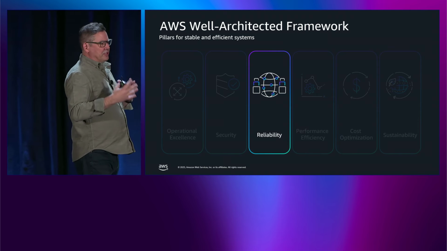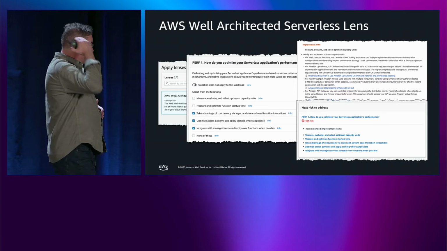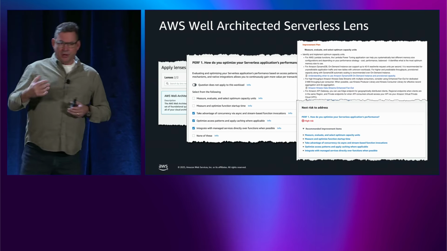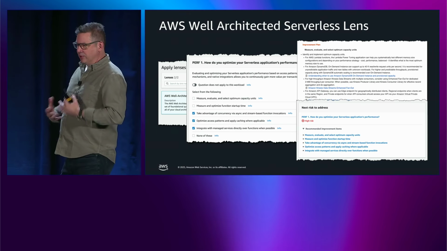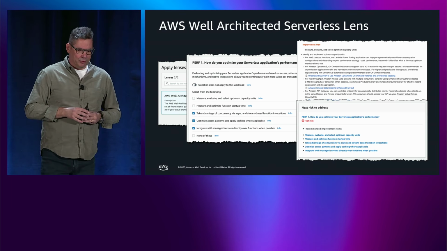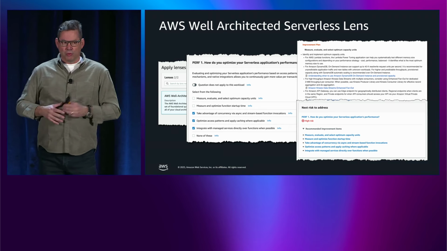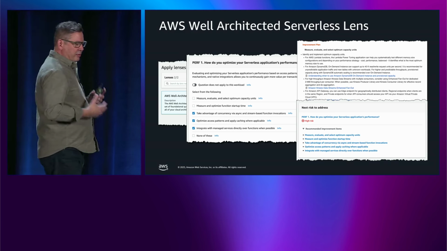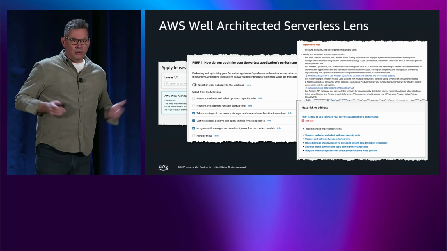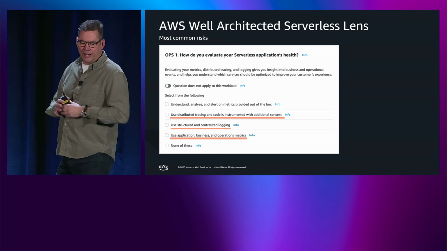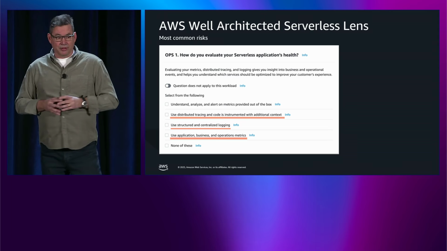But sometimes we don't go deep enough, right? And this was the case for serverless a few years ago when we introduced the Serverless Lens, which was specifically designed to dive a little bit deeper into what is actually happening at an application level. We've come up with a whole heap of best practices around some of the more common pitfalls that customers might fall into, and provided a whole heap of guidance, which includes things like observability, which is really what kicked some of this off.